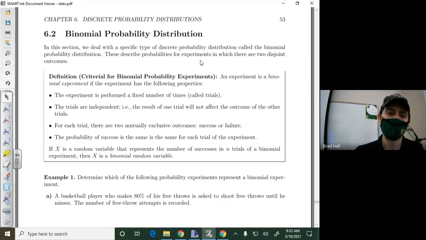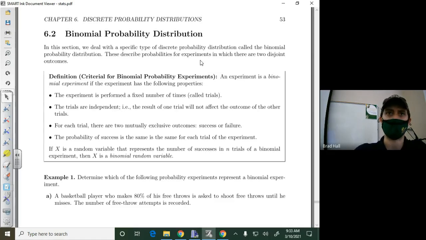Simple as that. But as we dive into this a little more, there are some conditions that need to be satisfied in order for an experiment to be considered a binomial probability experiment. The benefit of knowing that your experiment is a binomial probability experiment is that, as we will see later on, we get a lot of nice properties out of that.